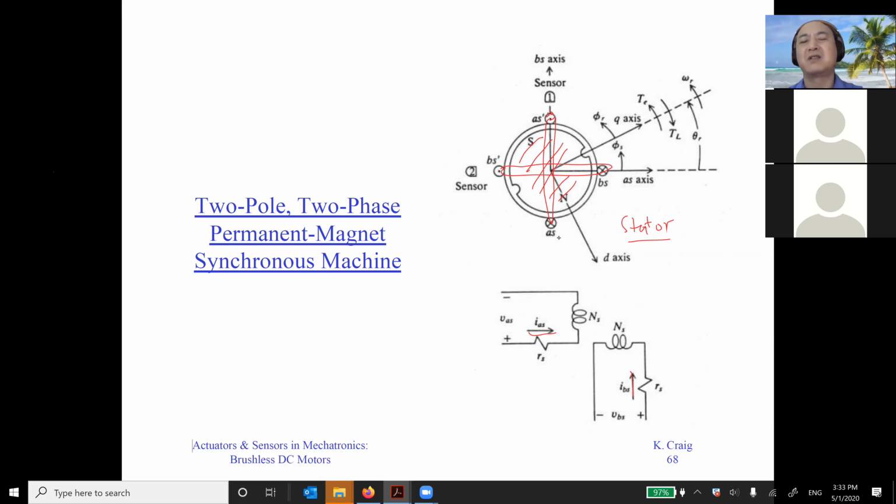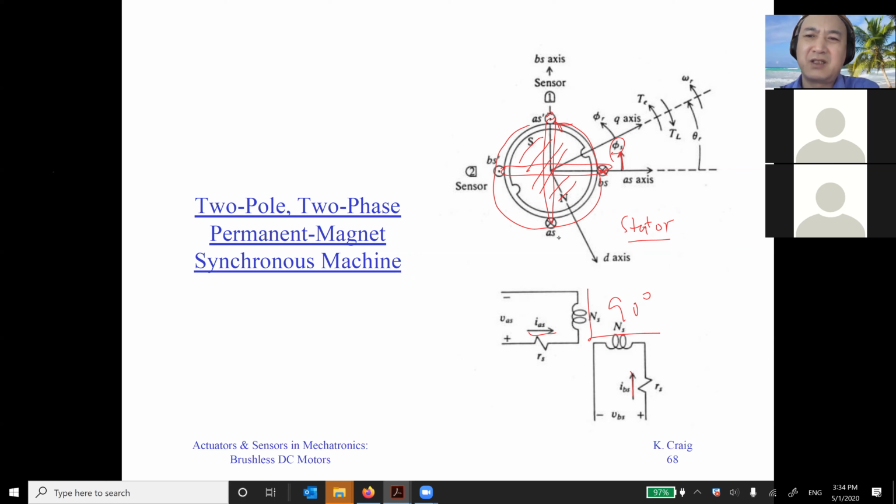Each of these will produce a magnetic field that is changing along the circular position. Let's use BS here as a starting point. That is called phi S. The Q axis is a body coordinate in the rotor.